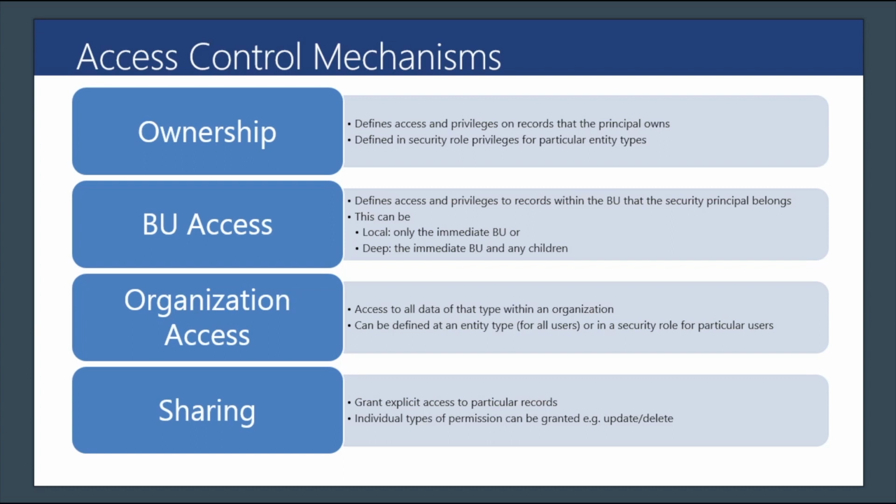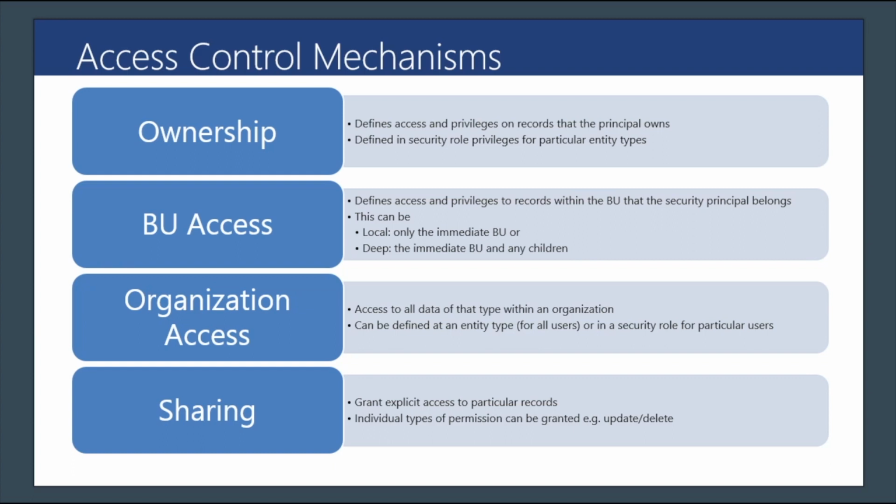There's also what's called deep or parent-child business unit, which grants access to the immediate business unit of the security principal or user, and also any child business units of that business unit to which the security principal belongs.